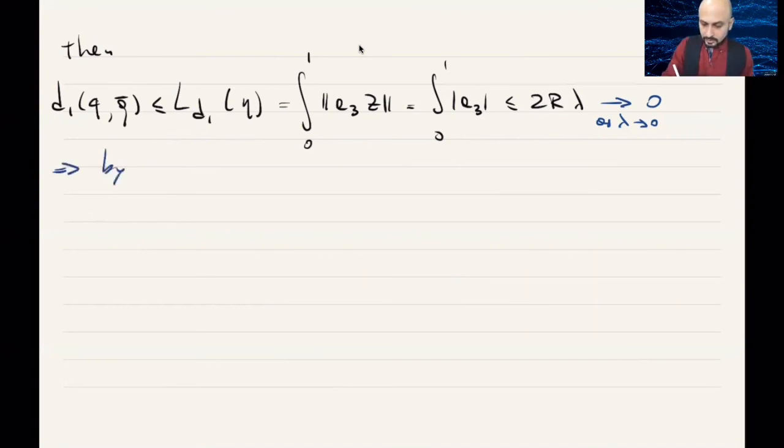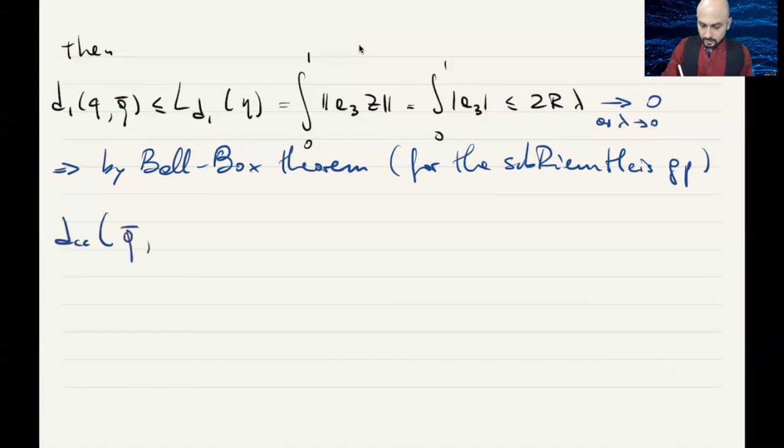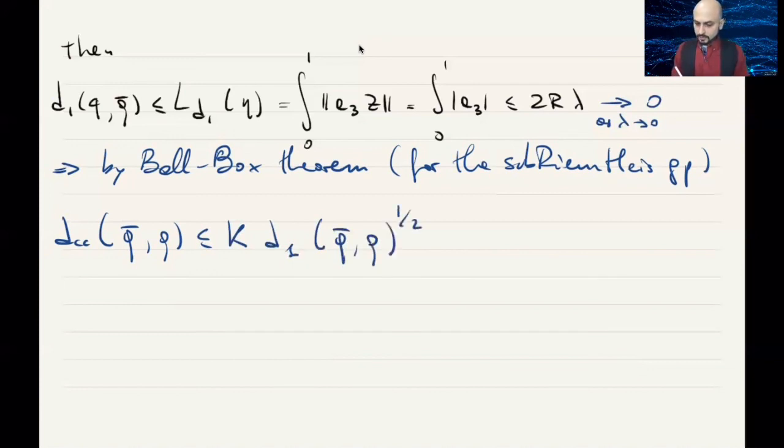So by the ball box theorem for the subRiemannian Heisenberg group, we have that the CC distance between Q bar and Q is less or equal a constant, which we actually calculated, times d1 between Q bar and Q to the power 1/2.